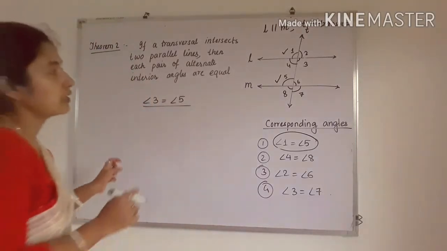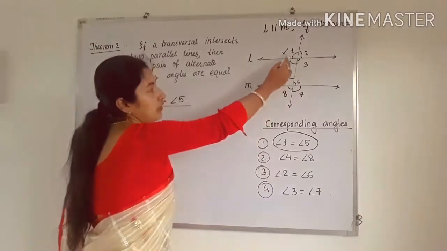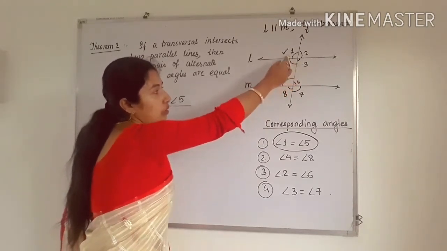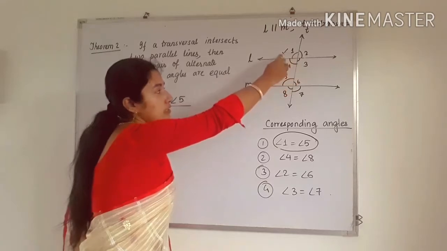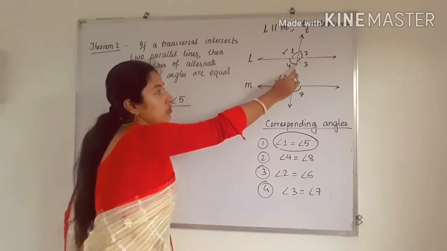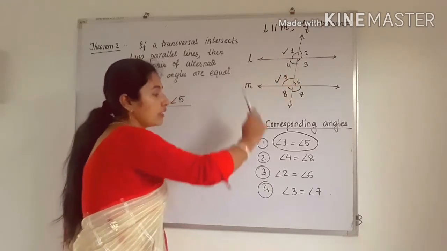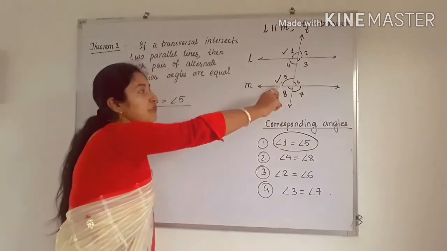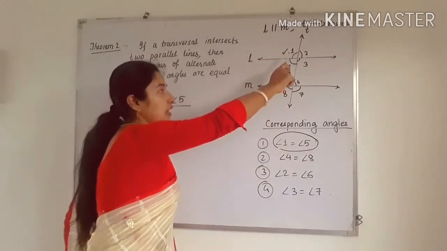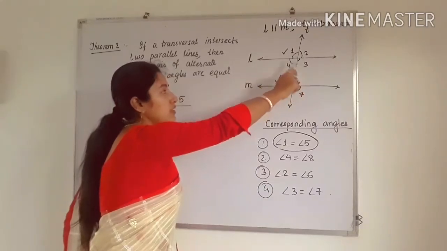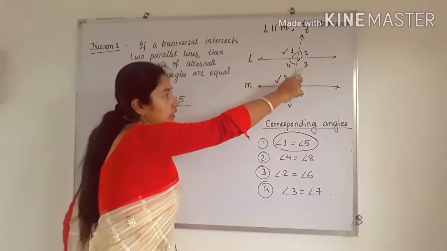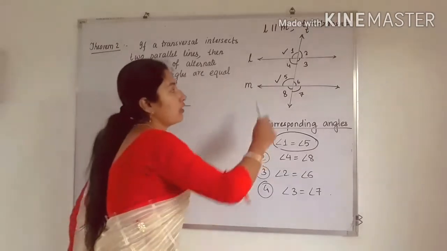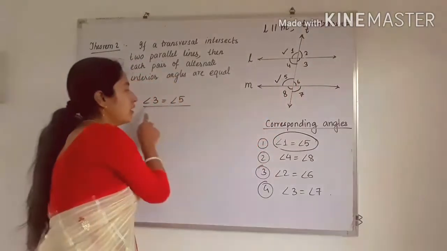So next, see, 1 and 3 both are what? Vertically opposite angles. Already we have discussed that vertically opposite angles are equal. So here angle 1 is equal to angle 3. So in corresponding angles we got what? Angle 1 is equal to angle 5. Okay, and also from vertically opposite angles, angle 1 is equal to angle 3. Then we can say angle 1, angle 3 and angle 5 all are what? Equal. So by that way we can write angle 3 is equal to angle 5.